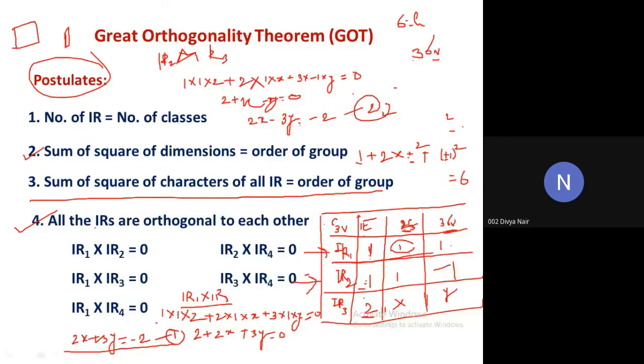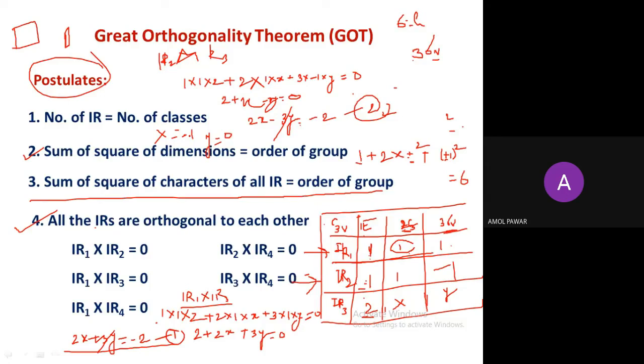X equals to minus 1. Very good. X is equal to minus 1 and y is equal to... sorry.